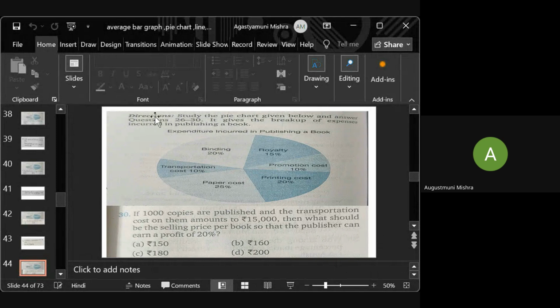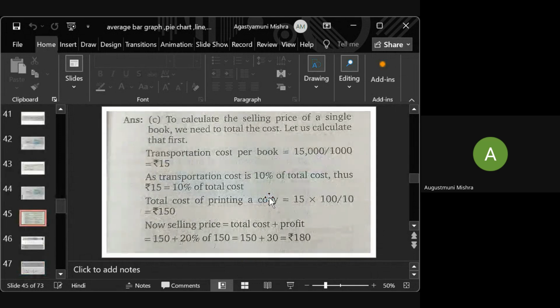Only one participant said D. That is 200, I think. Okay. Okay, now I'm changing the slide. Okay, another participant saying A. So the correct answer is C.